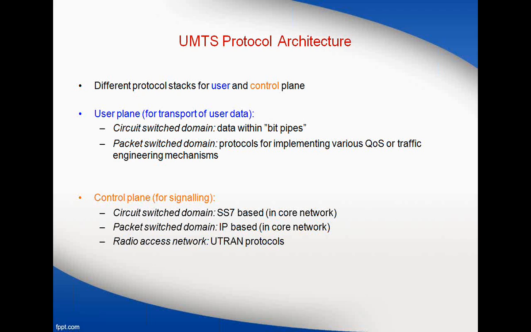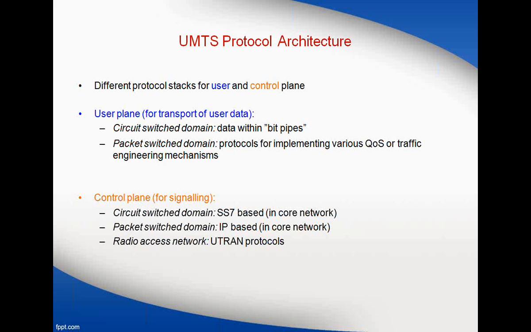This UMTS protocol architecture also has different protocol stacks for the user and control plane. The user plane is for transport of user data, while the control plane is for signaling. In the user plane you have circuit switched domain data within bit pipes, meaning normal circuit switching and call activities are transported.